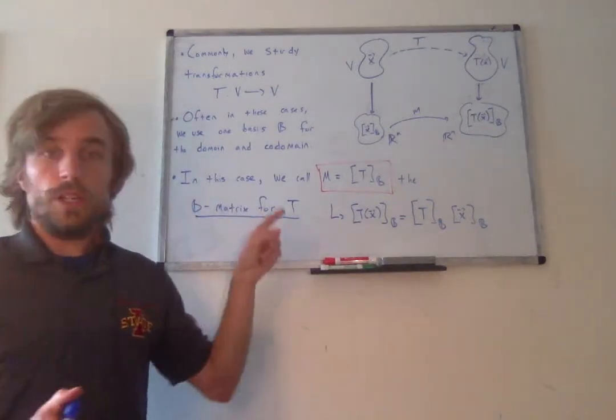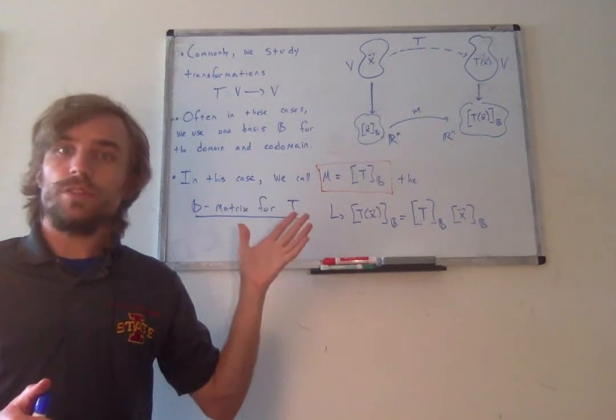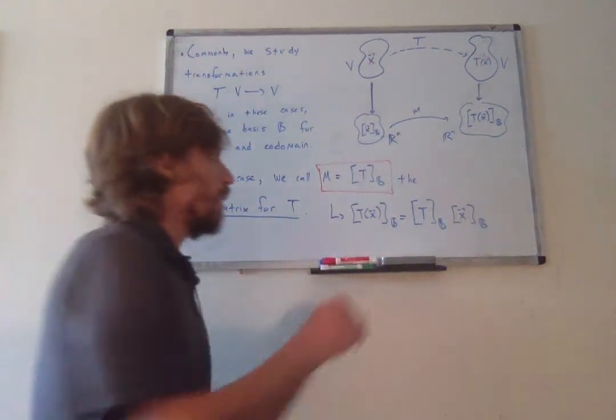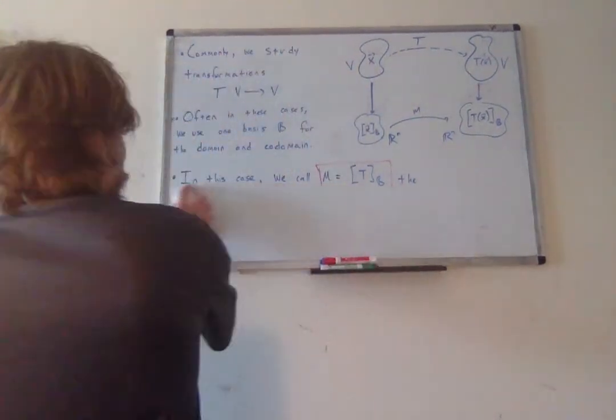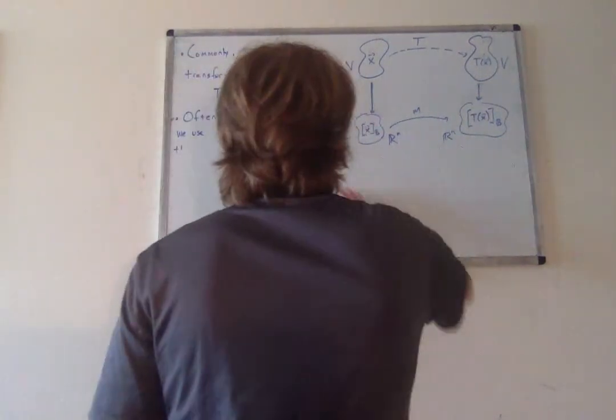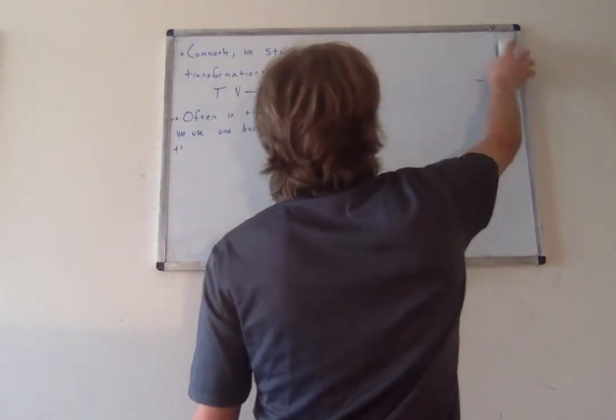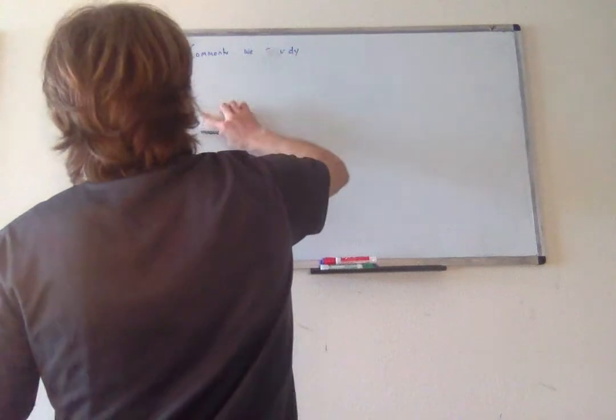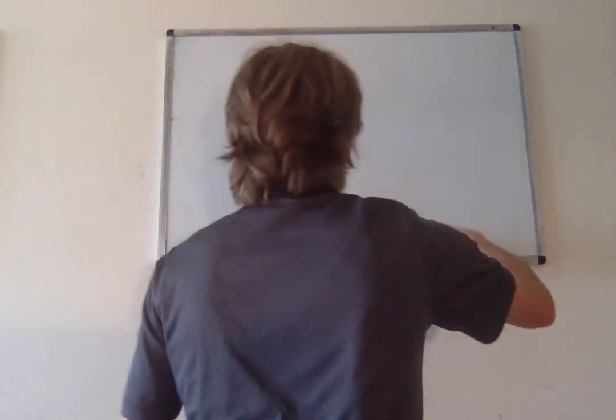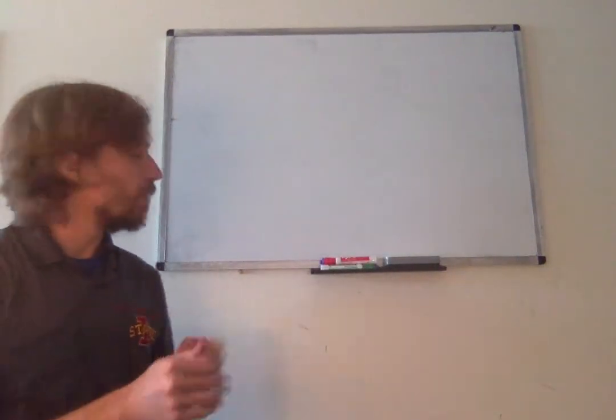I want to look at one example of somewhere we've seen this before. We're going to look at the space of polynomials, then return back to Rn and Rm for a bit, and we will finally look at how eigenvalues factor into all of this.